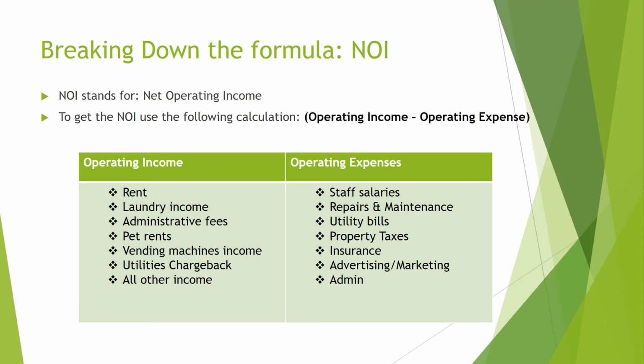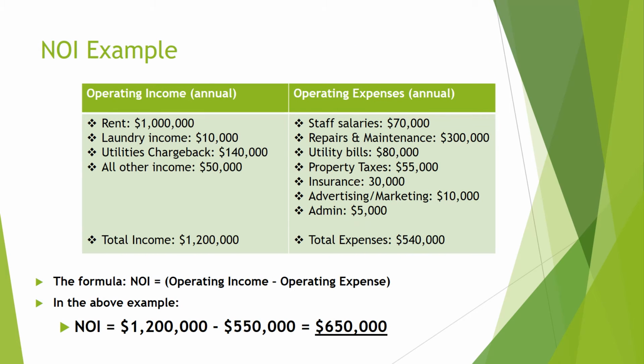Some properties are all bills paid, so that is included in there as well. Property taxes are one of the major expenses most properties have out there. Insurance, obviously, administrative, and marketing and advertising. These are all buckets where we put things like Facebook ads, circulars, brochures, CPA costs, and all these things. So let's take a look at an example of how we calculate net operating income.